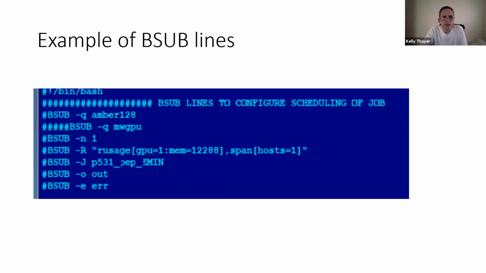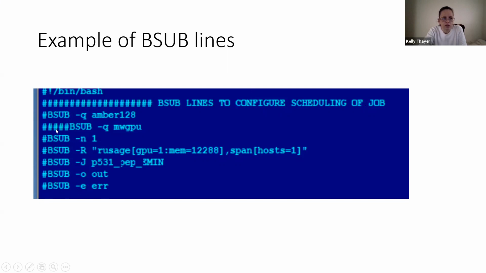So this is an example of what a bsub would actually look like. It goes below your shebang line, and then this is a comment. We're going to say, okay, this is my bsub section, which is useful for humans. This doesn't do anything for the scheduler. Now these here, by having a single pound in front of them, are going to send the information to bsub.